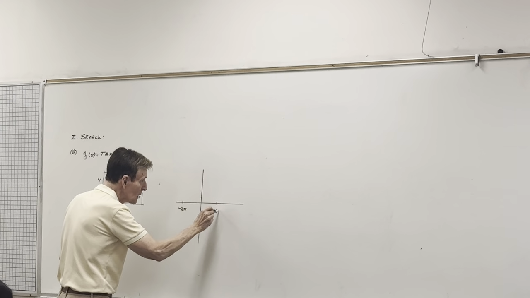Help me out. If I go 2 further from 4, am I up at 6? Is that stretched by 2? Yes or no? So if I stretch down, will I eventually end up at 2 down here? Is that what the vertical stretch by 2 means? Up to 6, down to a 2.